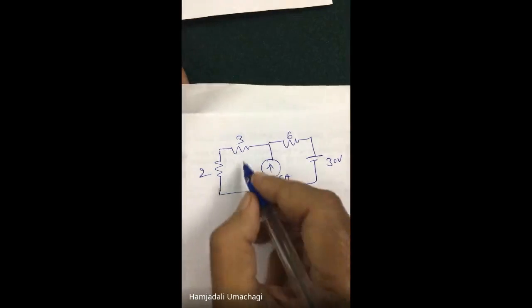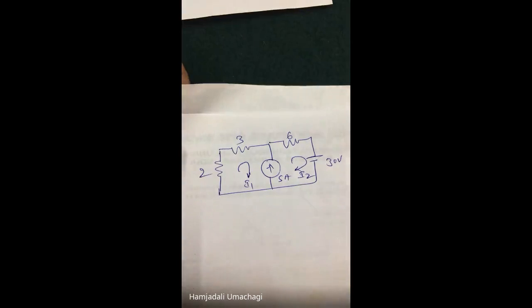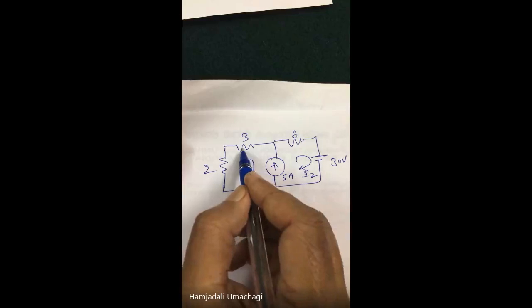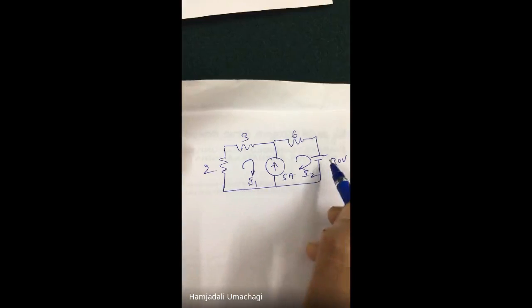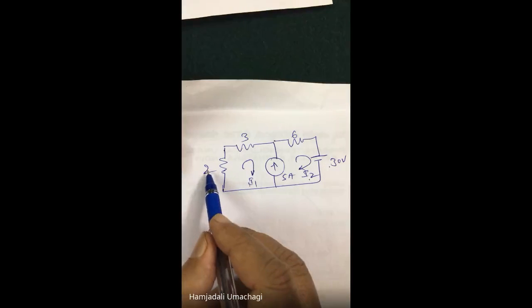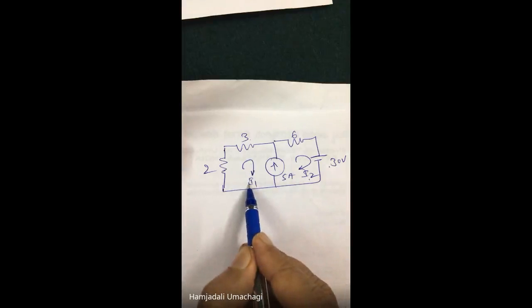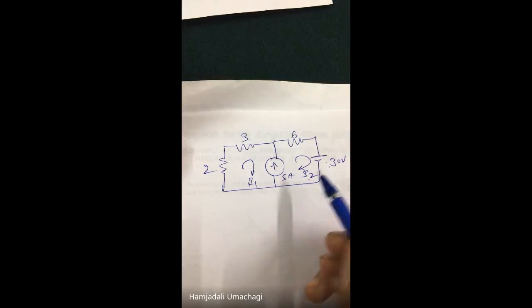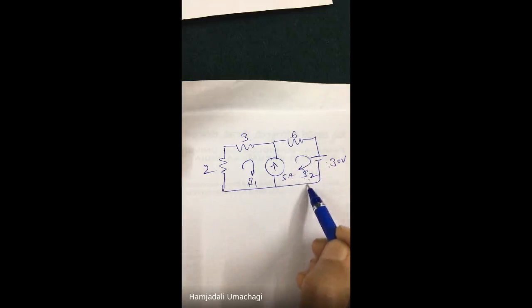How many loops? Loop 1, loop 2. Two loops. What's the current through 2 ohm? I1. What's the current through 3 ohm? I2. What's the current through 30 volt? I2. Sorry. Current in 2 ohm and 3 ohm is I1. Current through the 30 volt source is I2. Current through the 6 ohm resistor is also I2.